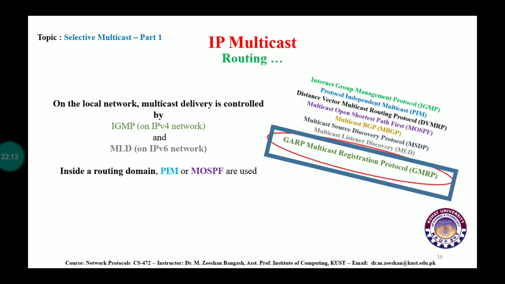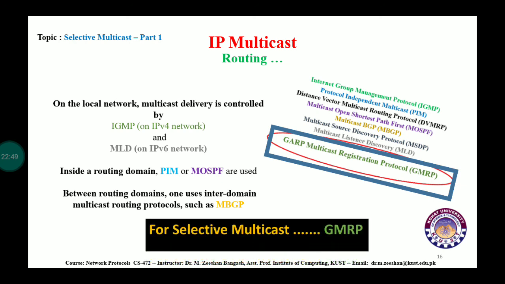Inside a routing domain, PIM, the protocol independent multicast, and MOSPF, the multicast open shortest path first, are used. Between two routing domains, the inter-domain multicast routing protocol, MBGP, the multicast BGP protocol, is used.